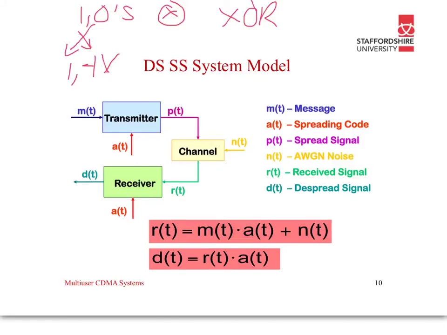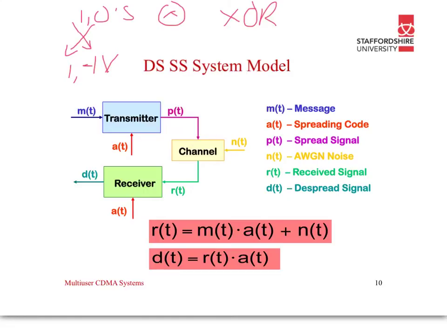It just depends. Well, the transmitter and the receiver both need to do it the same way around. So we multiply the message signal by the code, and then this gives us a spread signal, the increased bandwidth signal. We then pass that to the channel.